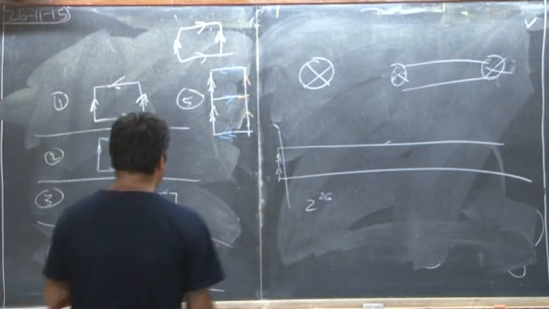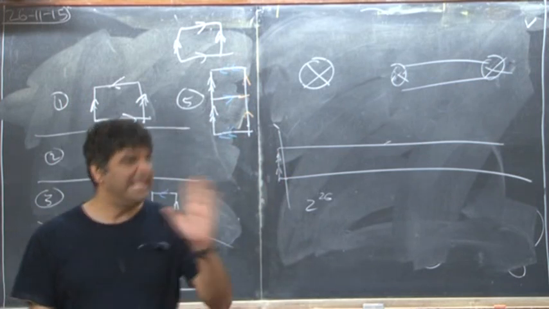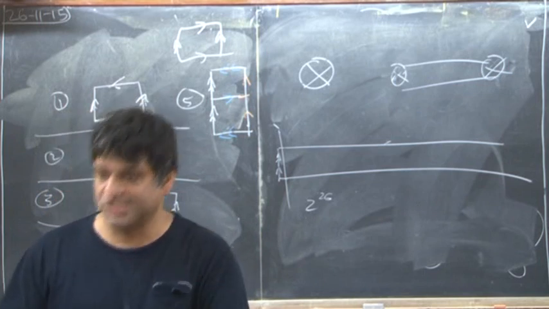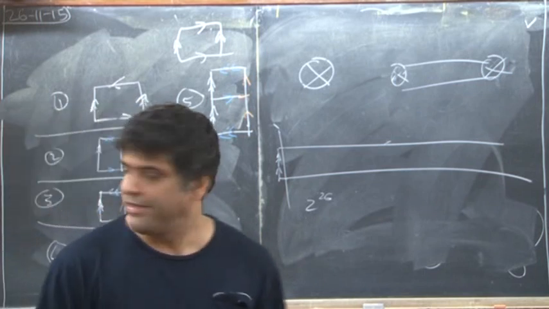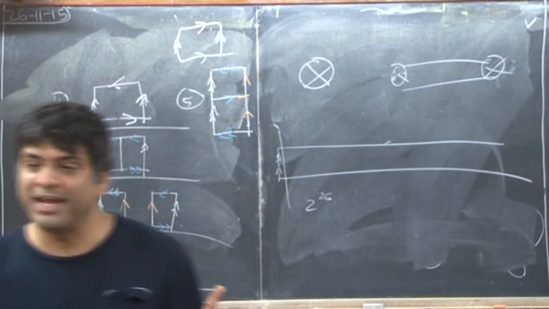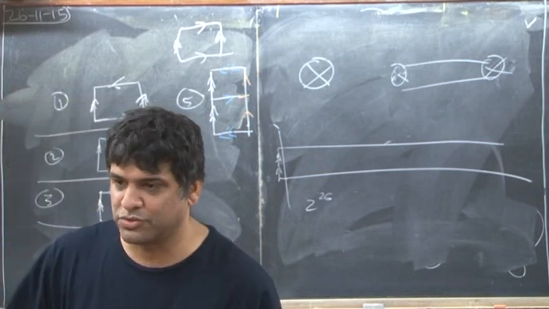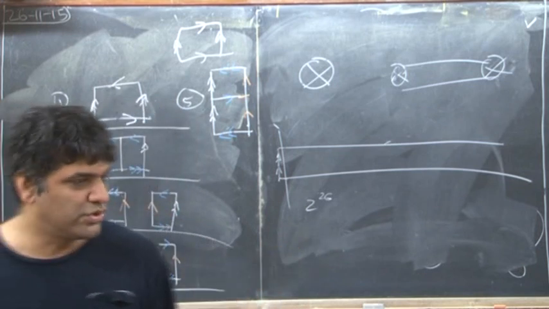Just like the boundary state associated with the open string has a dilaton dipole, which in some normalization is 1, here this state has a dilaton dipole, which in the same normalization is 2 to the power 13. So that 2 to the power 13 squared gives you the 2 to the power 26.